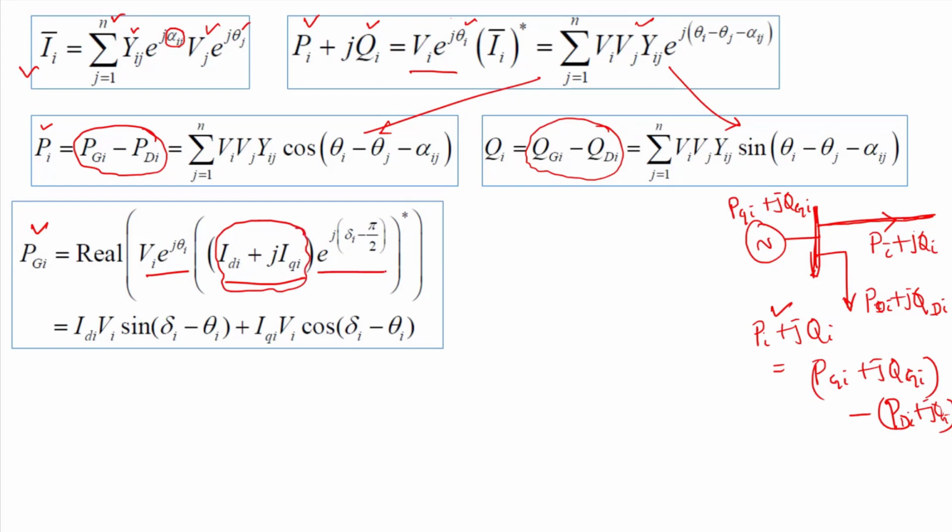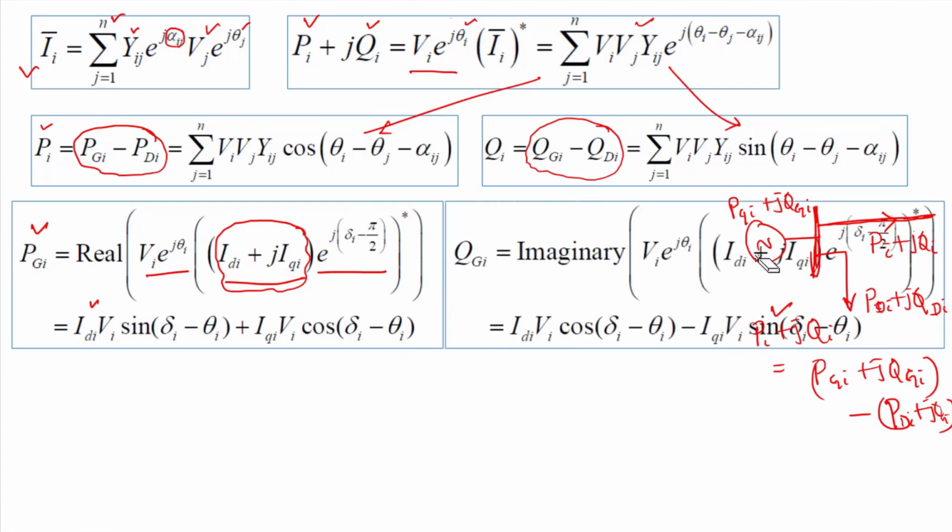So therefore we need to multiply the transformation parameter to the common reference frame, that is e to the power j delta i minus pi by 2. Okay, so already we derived this equation earlier in the previous slide. Just writing the PGi equation, it is IDi Vi sine of delta i minus theta i plus IQi Vi cos of delta i minus theta i, right?